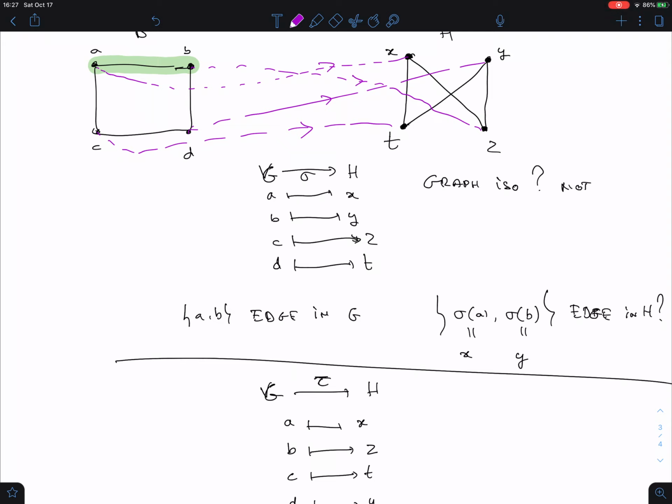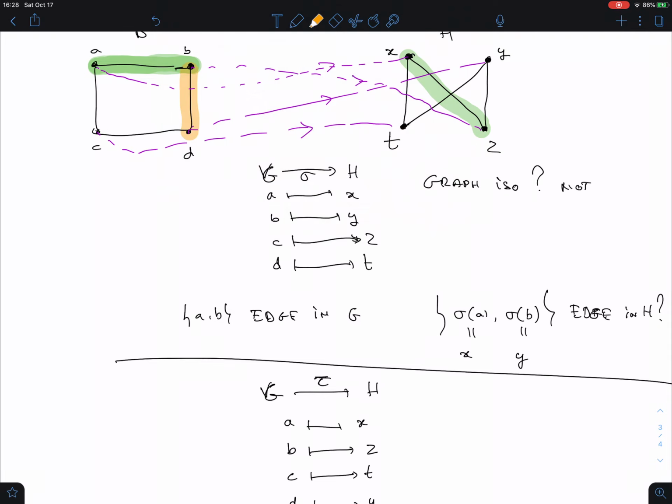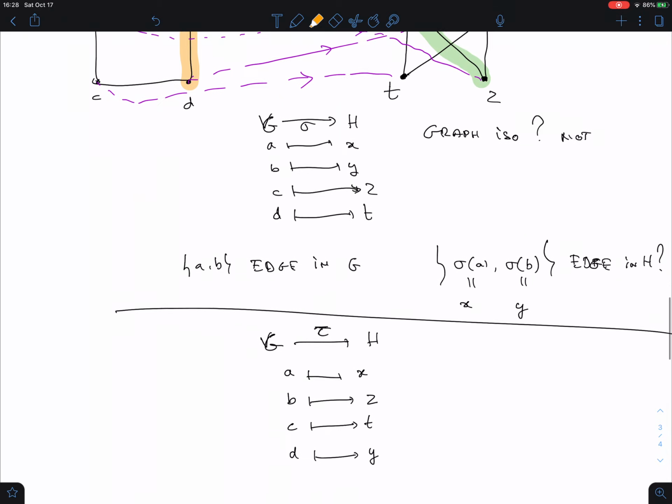So let's see what happens to my green edge, A to B. A went to X and B went to Z. So it's this edge. When moving A and B to X and Z, I also moved the edge. That's what I want. What about the other edge? Let's do all different colors here. This edge, from B to D. Be careful now, we are dealing with the bottom one.